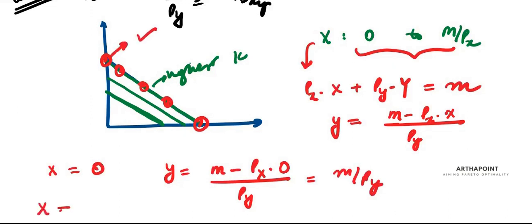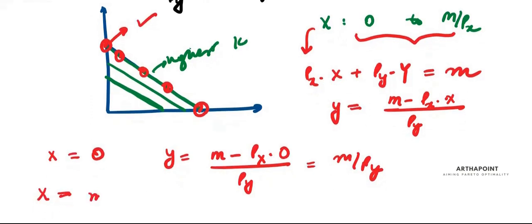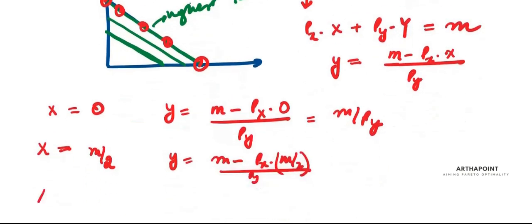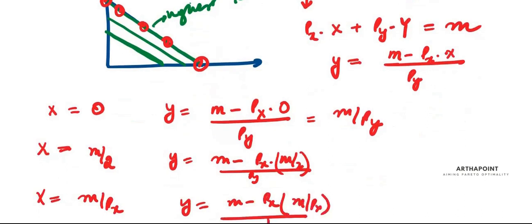If you want to consume X exactly half of your income, your Y will be M minus Px into M by 2 by Py. So different combinations. If you want to consume entirely X, then your Y will be M minus Px into M by Px by Py, which will be 0, which will be this point.